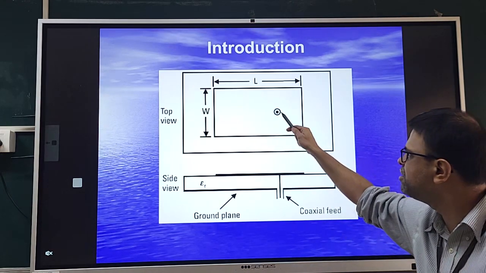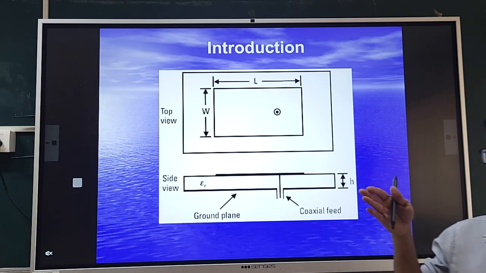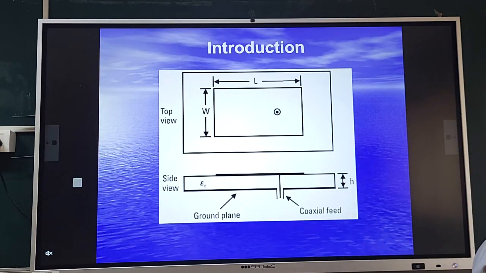So you decide the feed point location where you are going to feed, make a hole over there, and attach a coaxial connector. This is one of the simplest ways of feeding the microstrip antenna, called coaxial feeding, and it is very widely used in laboratory testing. Remember, very widely used.